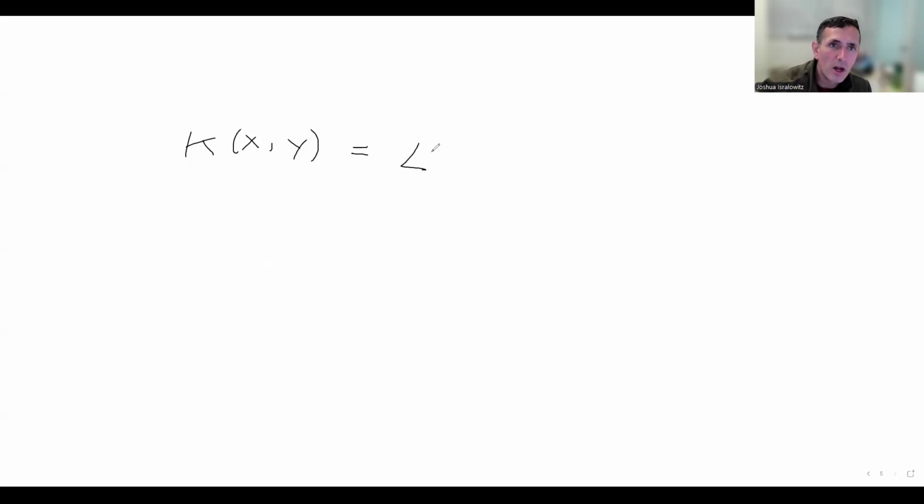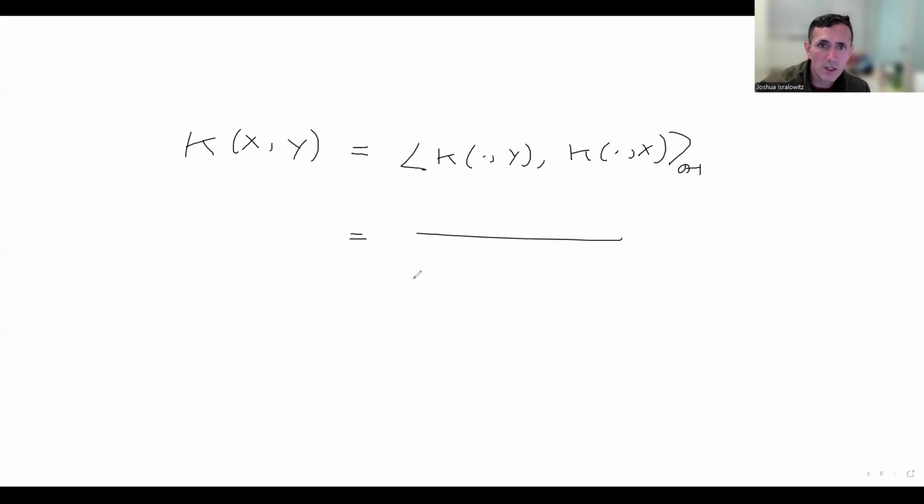What do I mean? Just use the reproducing property. I'm looking at this function here with y fixed, and I'm hitting it with the x reproducing kernel. That's the basic property of reproducing kernels. So just switch the order here, and get a complex conjugate. If K is real valued, then it'll be symmetric.